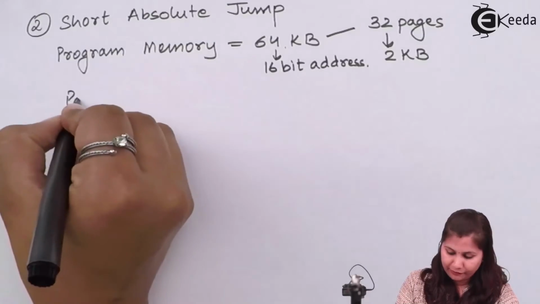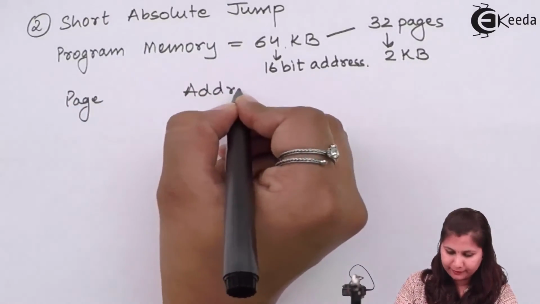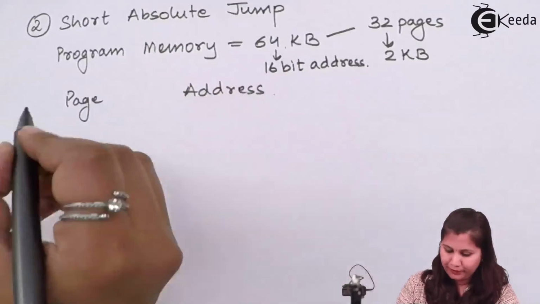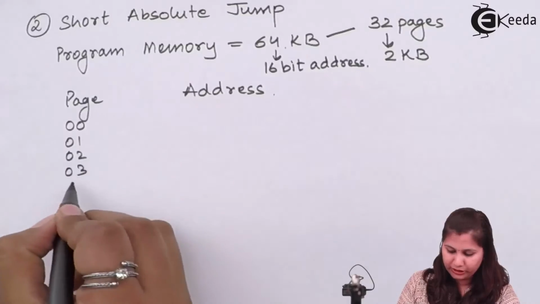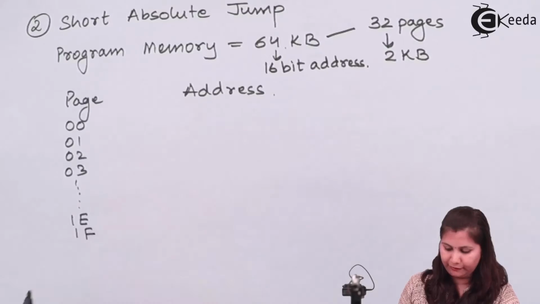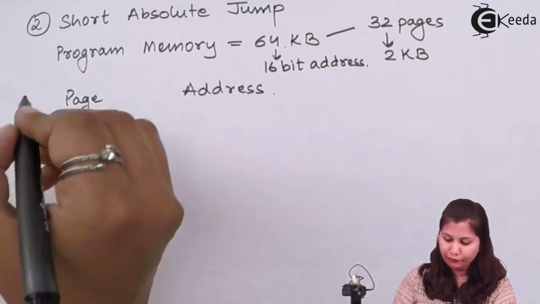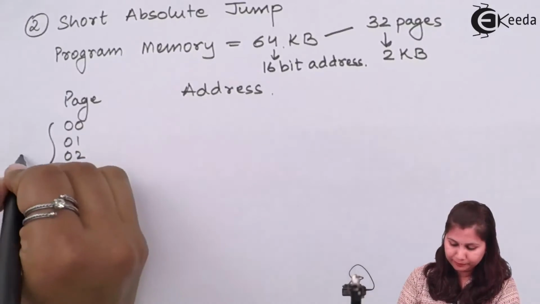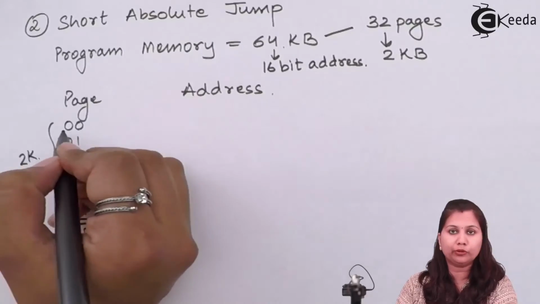So first we have the page number, and then the address. Page numbers are like 00, 01, 02, 03 till we get 1E, 1F. Each page is of 2 kilobytes.